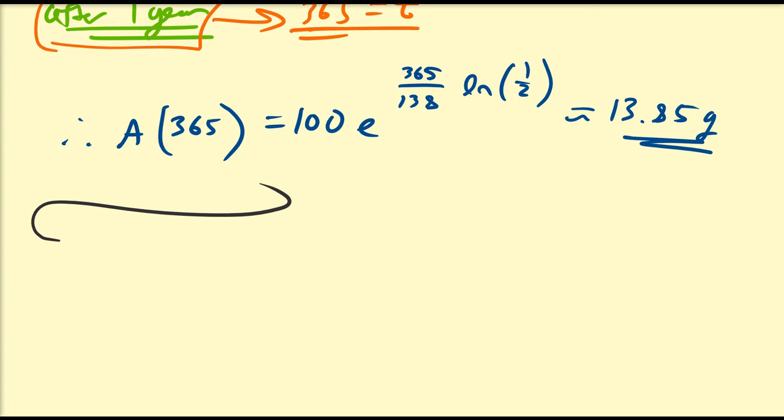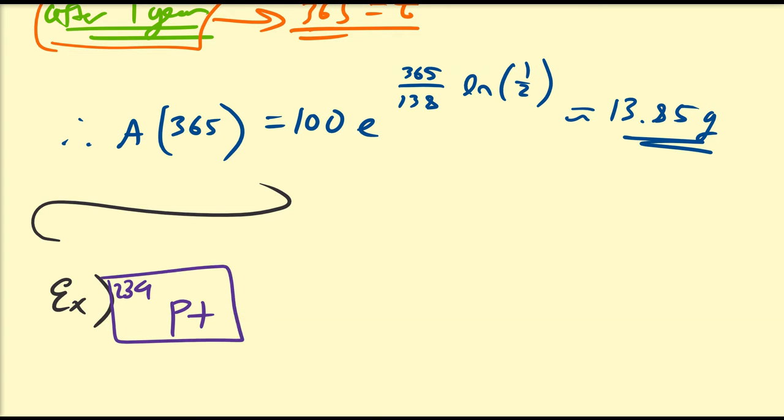So let's look at another example. Let's consider plutonium and an isotope of it. So that's going to be plutonium-239. Typically, plutonium has 94 protons.